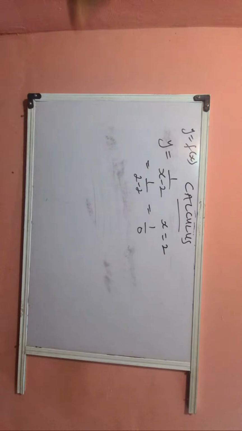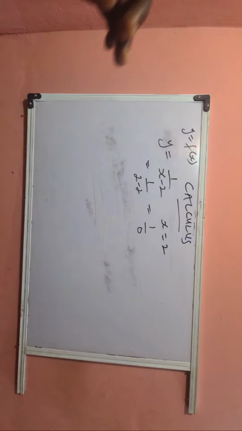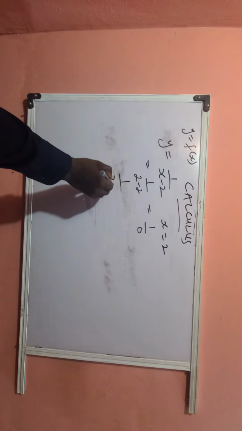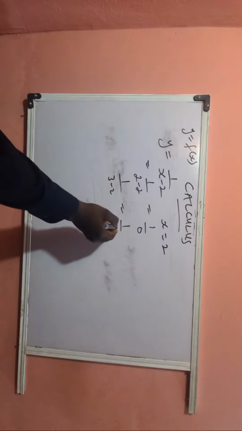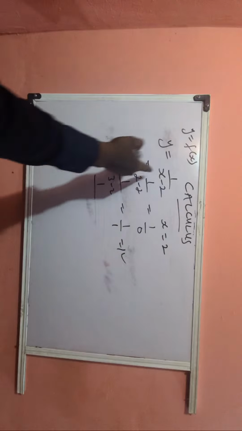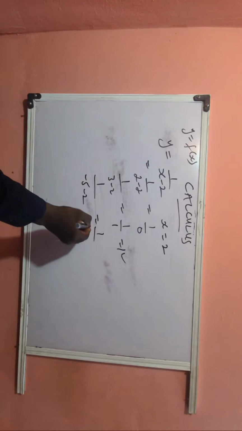Because if you investigate, if you fix in x as anything other than 2, you will not get an undefined value. Put in x as 3, that'll be 3 minus 2, that'll be 1 over 1. That's valid. If you put in x as minus 5, that'll be minus 5 minus 2, that'll be 1 over minus 7.